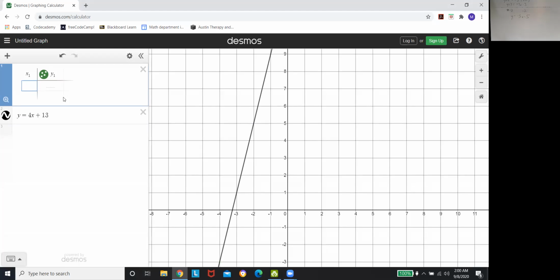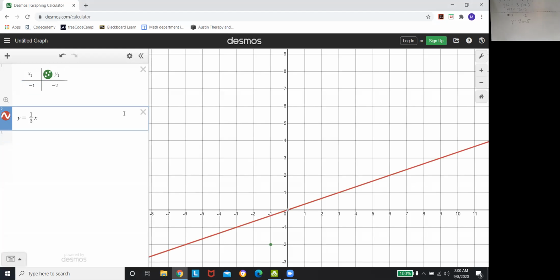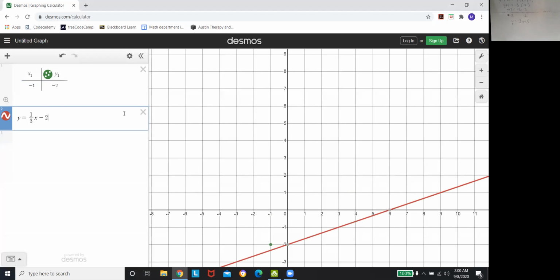So the point we're graphing is -1, -2. There are 2 lines we're graphing. The first one looks like y equals 1/3 x minus 2.